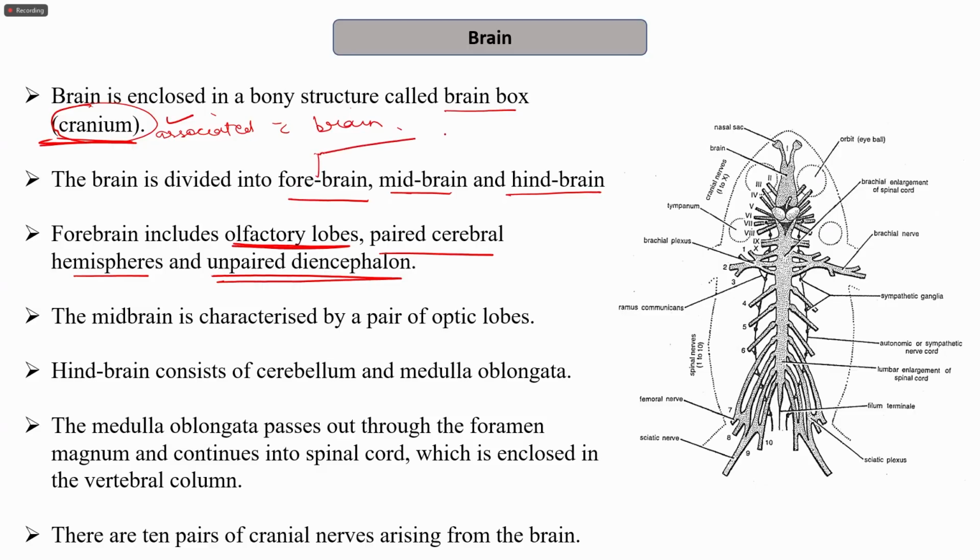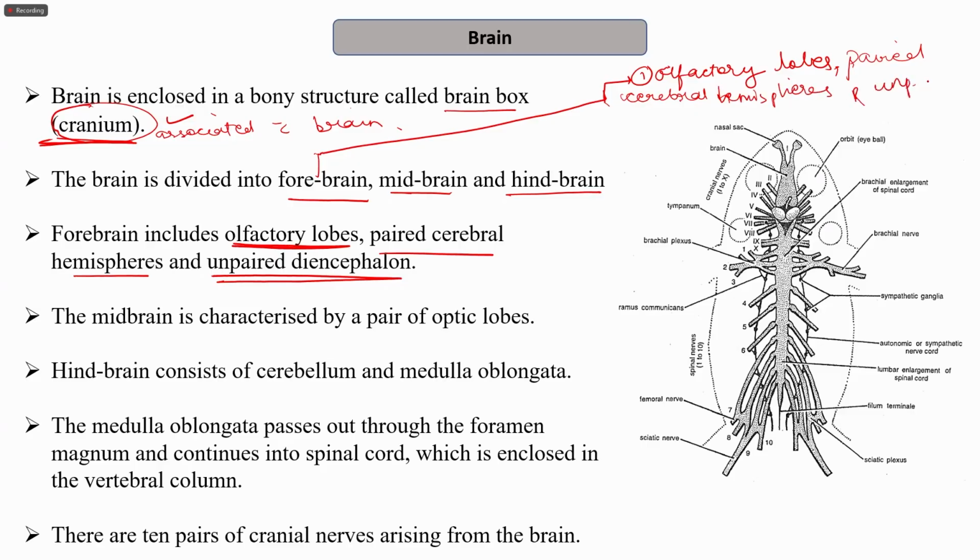The forebrain mainly includes, firstly, the olfactory lobes that help in olfaction. It has paired cerebral hemispheres and unpaired diencephalon.